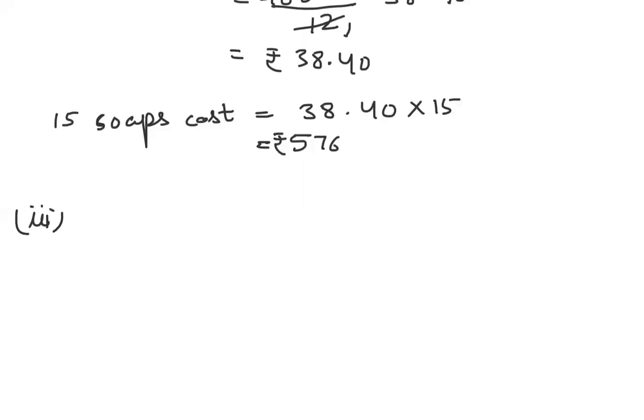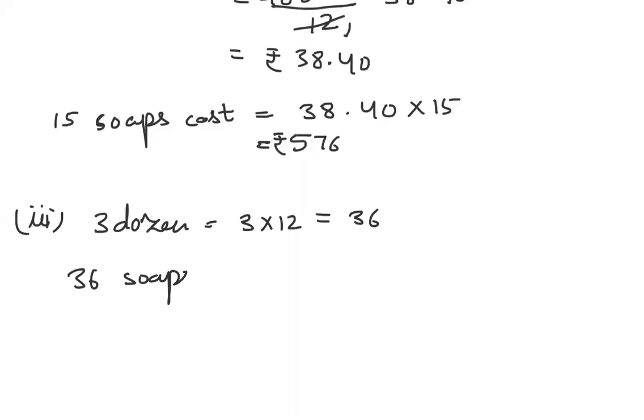In part third, we have to find the cost of 3 dozen soaps. So 3 dozen means what? 3 dozen is equal to 3 into 12, because in 1 dozen 12 is there. So 3 into 12, 36. So 36 soaps cost is equal to 36 into the cost of one soap, which is 38.40.